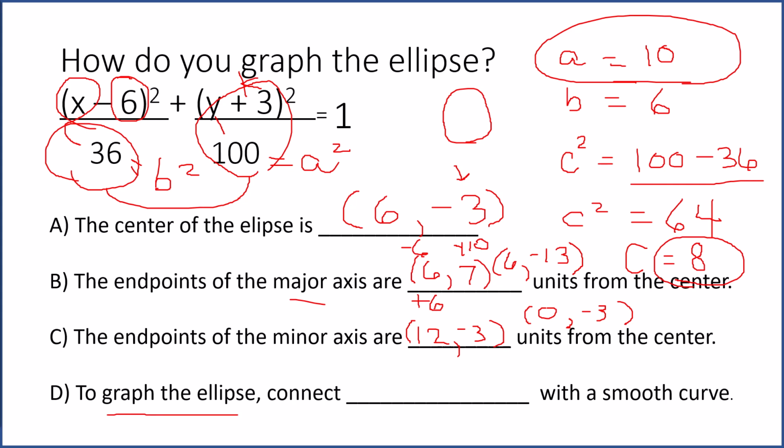So to graph the ellipse, we have those 4 points that we found. These 2 vertices on the major axis and these 2 vertices on the minor axis. And we also have the center. So we plot those 4 points and then we connect. I'm not going to write those down. I'll just change my color and circle them.